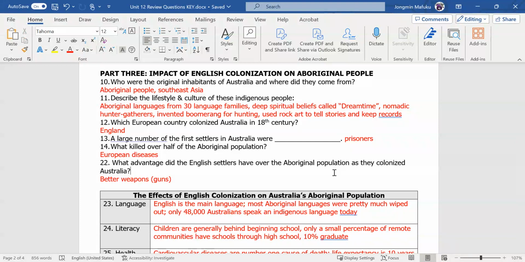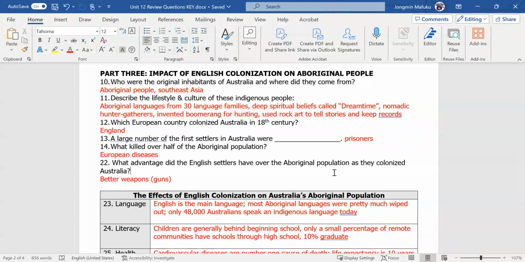It's an island, it's a big island. And if we send prisoner here, there's no way they can go out. They can't escape this land. So let's go ahead and send them. So a large number of the first settler in Australia were prisoners.